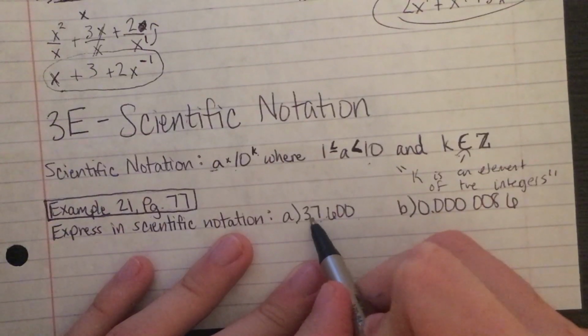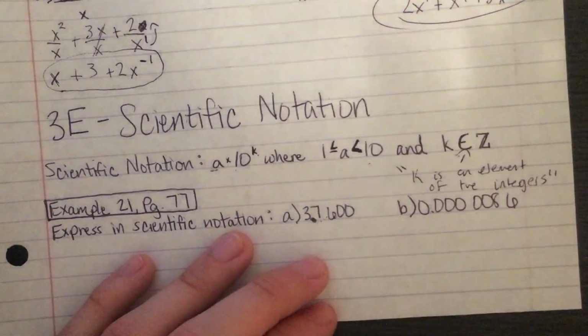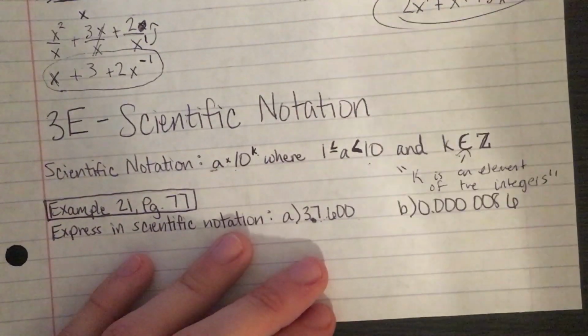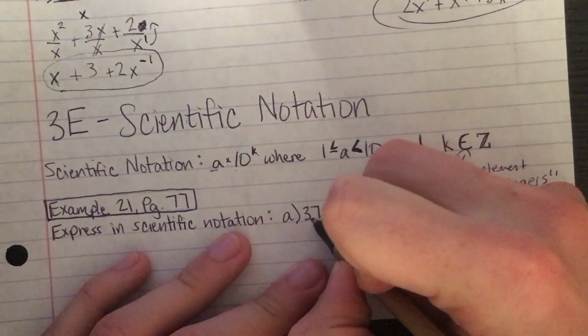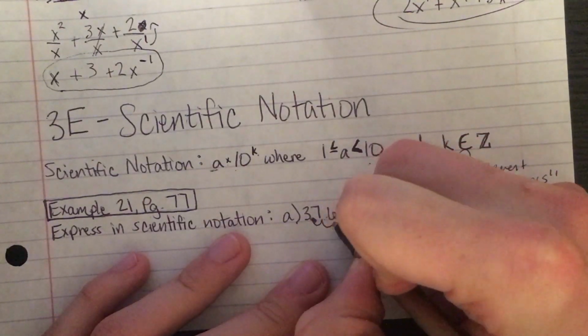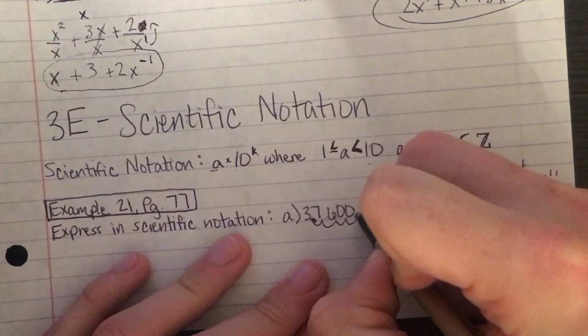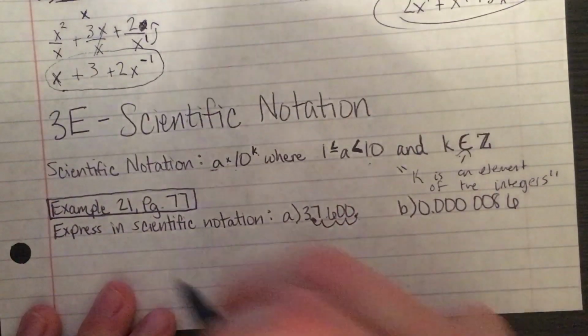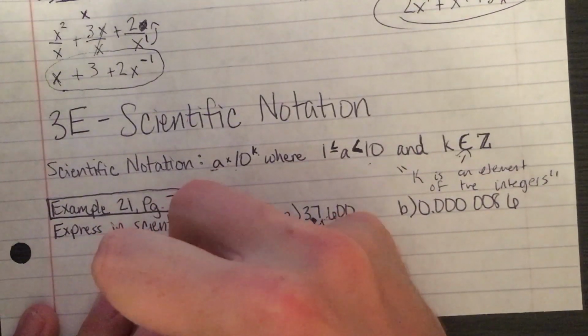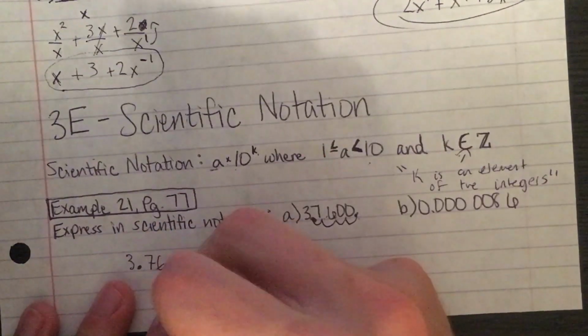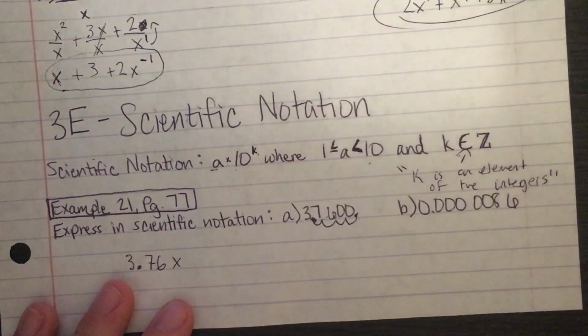So I want to put it right here for 3.76. And then I say, okay, how many times would I have to move that decimal point over to the right? So 1, 2, 3, 4. So what we're going to do is we'll say this is going to be 3.76.